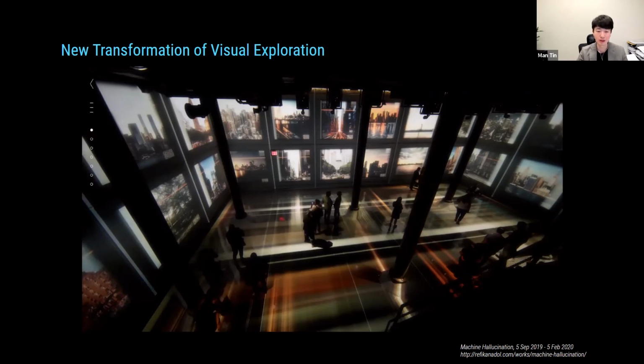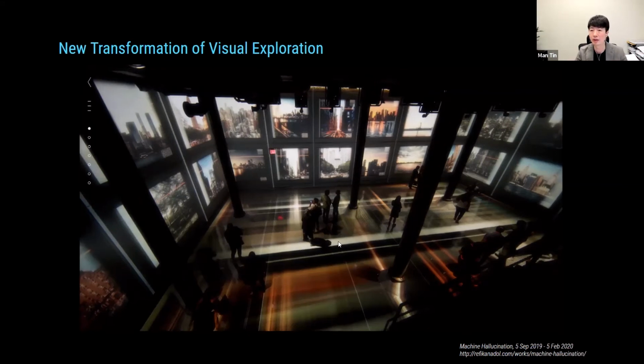He input these photos to the machine so that the machine can generate and calculate by itself to form a new set of generated images, and then present them in a whole immersive setting, just like the photo presented in this slide. So here I would like to try to show you a video.